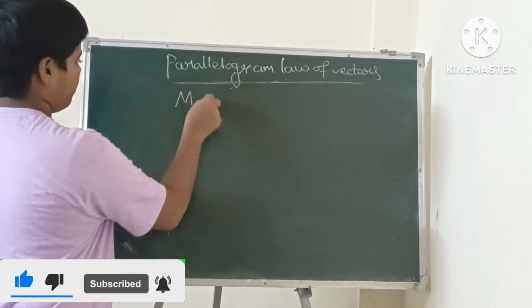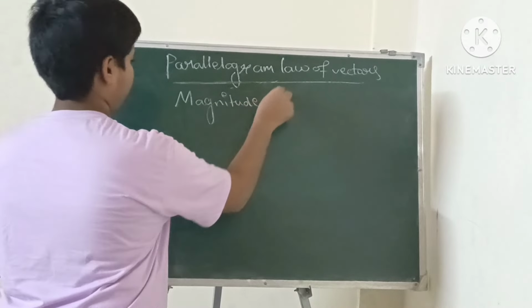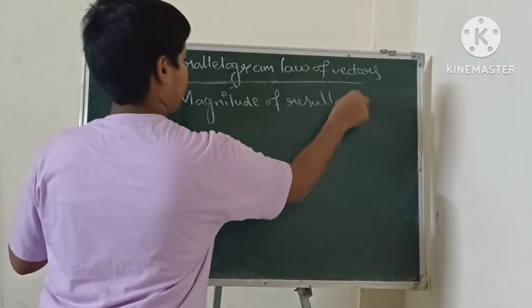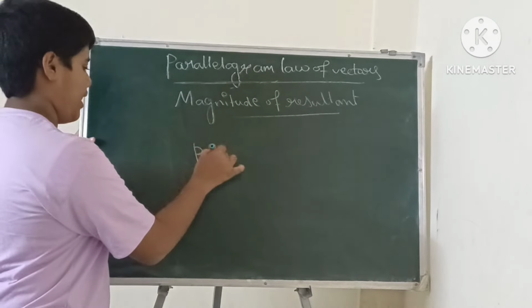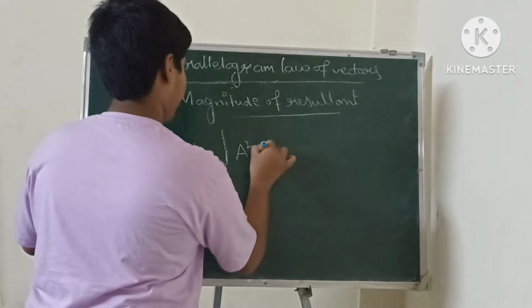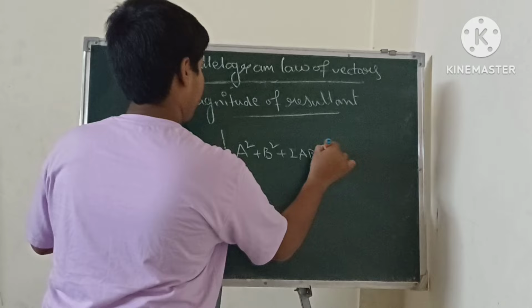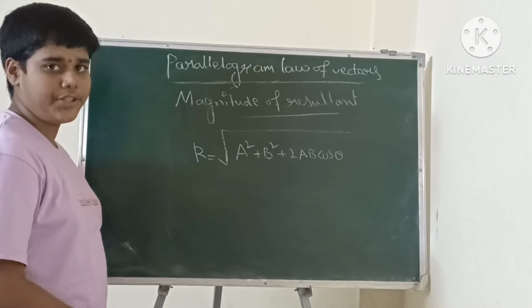Here, magnitude of resultant means R is equal to root over A square plus B square plus 2AB cos theta. This is the resultant magnitude.